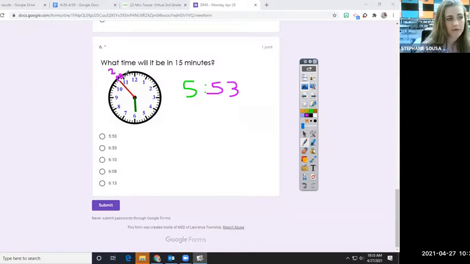Now I'm going to count by 5s. 5, 10, so far I've gone 12 minutes because 2 plus 5 plus 5 is 12, so I have to go 3 more. 13, 14, 15. At that point, it will be after the 6, so it will be 6:08. We're past the 5 minutes, we got to the 8. So it will be 6:08. Questions on that?